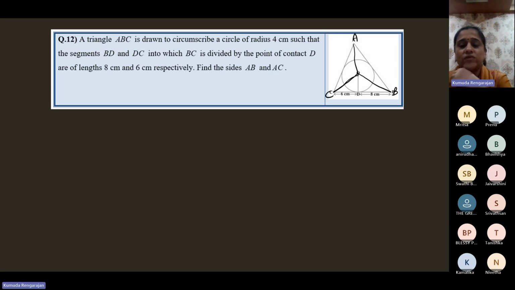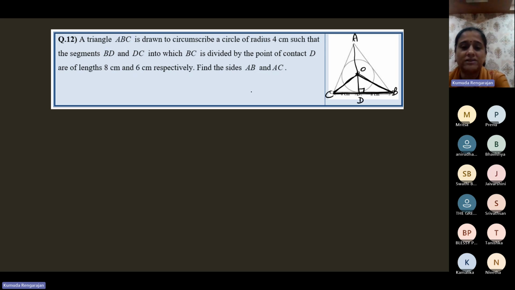Now we have to find the areas of the three smaller triangles. For that, you need the base and altitude. When you take triangle BOC, the base is BC and the altitude is OD.